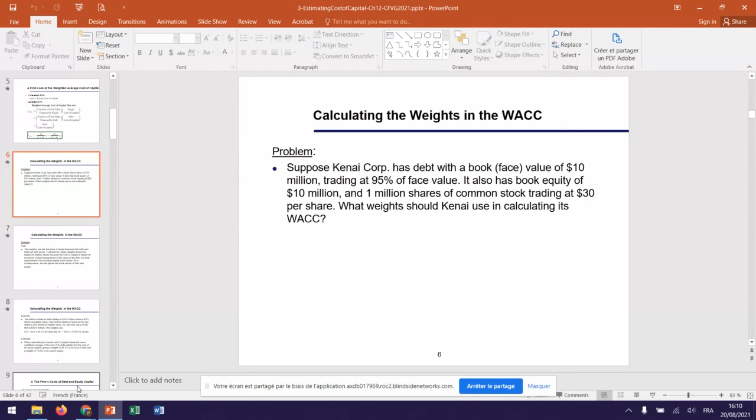Then if you take the market value, you're going to have debt, which is 9.5, divided by 30, which is 0.3167.